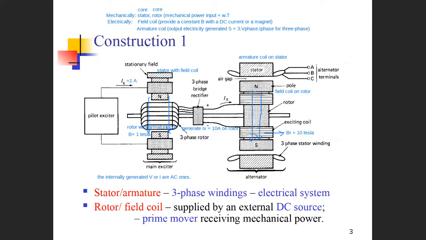So we need an external DC source to establish a constant big magnetic field, and we need this shaft to input big mechanical power.